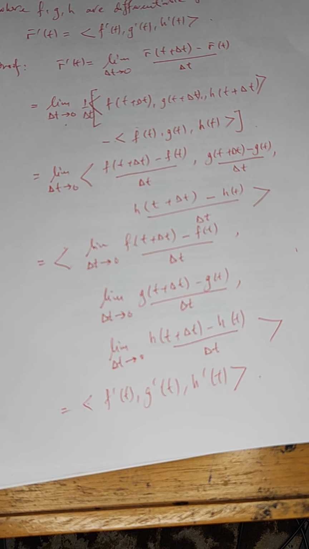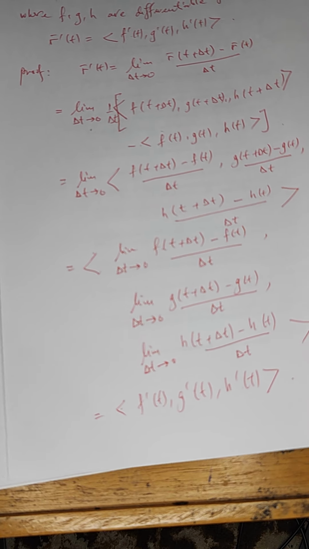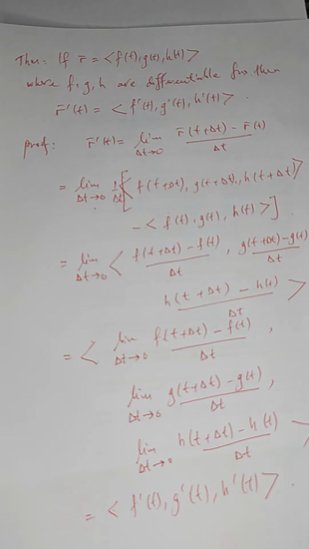Of course, I have an example for that, but it's simple, just to show you how to apply the derivative for a vector function. Doesn't matter even if it is simple.